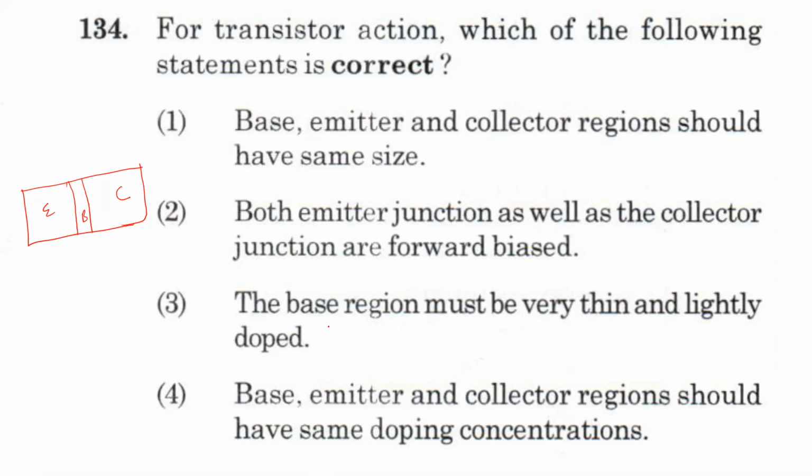That means the base region must be very thin and lightly doped. Only if the base region is lightly doped and very thin will transistor action take place. So the 134th question answer is option 3.